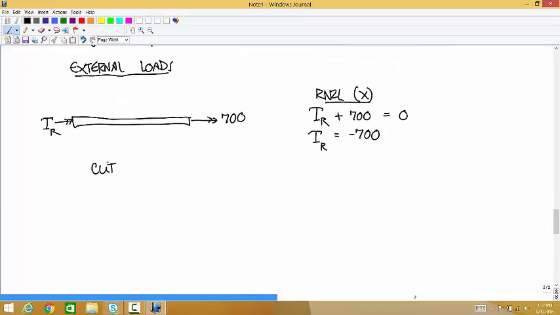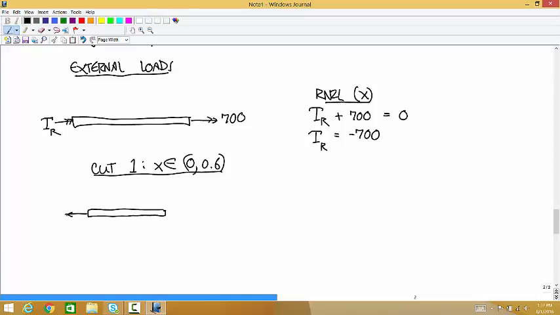And now we can calculate the internal torque. There's only one cut here, so this is valid for all x's between 0 and 0.6. After I do all this, we're just going to get the values you knew we were going to get from the start, probably.